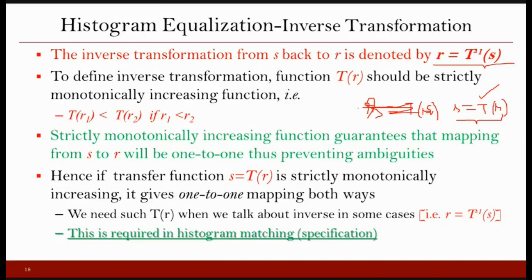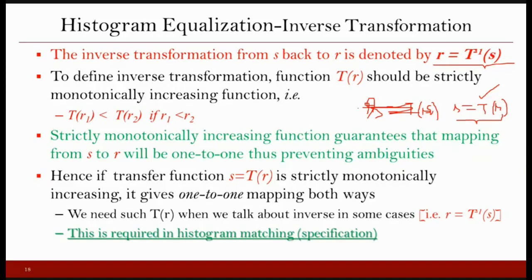So when we are computing the inverse, in this particular case, we see that the inverse cannot be computed in a deterministic way, because a particular R may map to one S. If our function is only monotonically increasing, then two R's might have been mapped to the same S. So if we are computing the inverse, we cannot get the inverse.